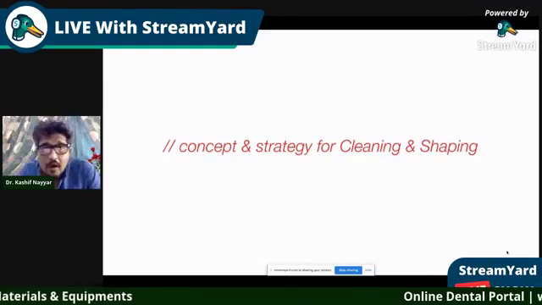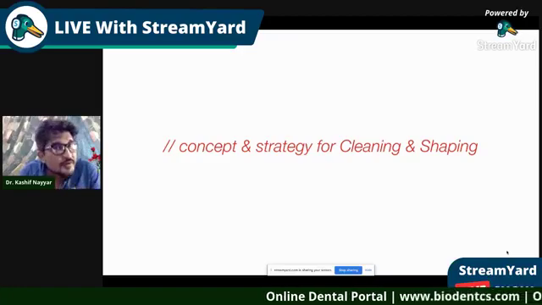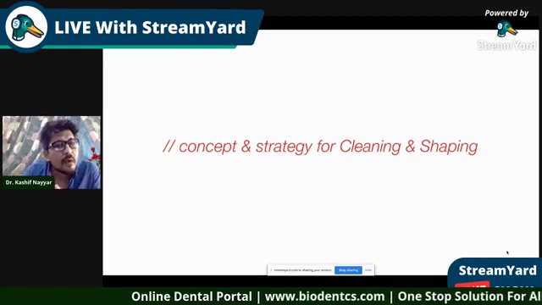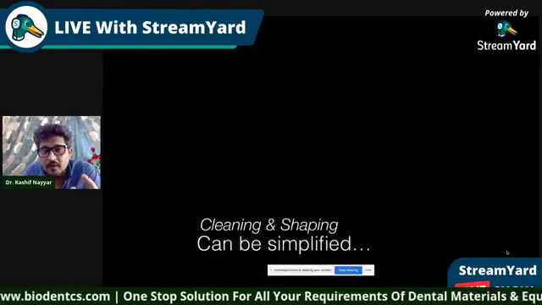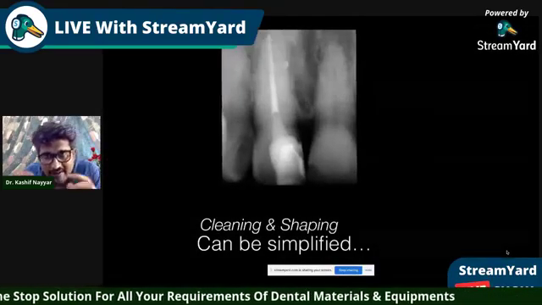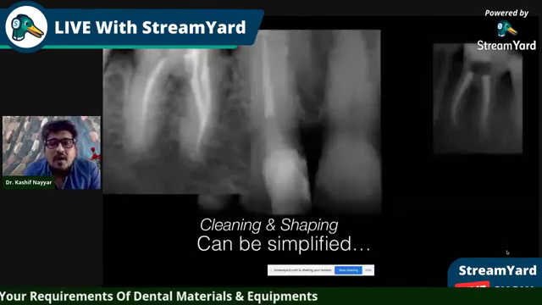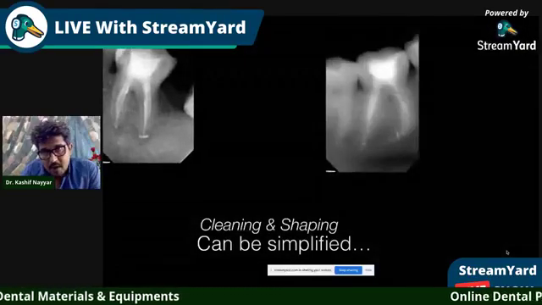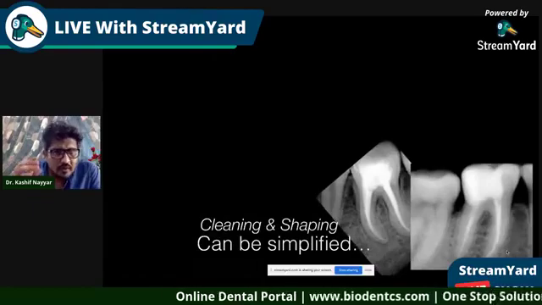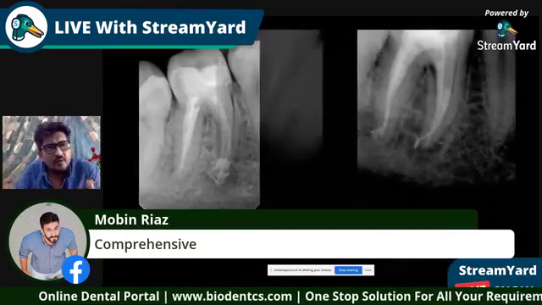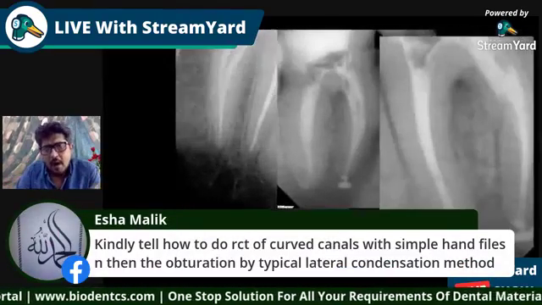So how to achieve these objectives? There must be some concept and there must be some strategy for this cleaning and shaping procedure. It's simple. The cleaning and shaping procedure can be simplified if we just break the whole procedure into a series of small steps. It's quite easy. And how to do that?